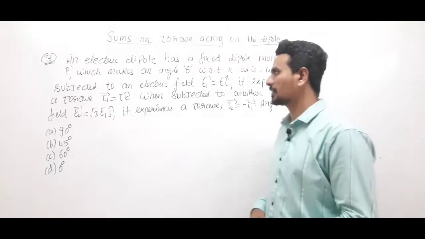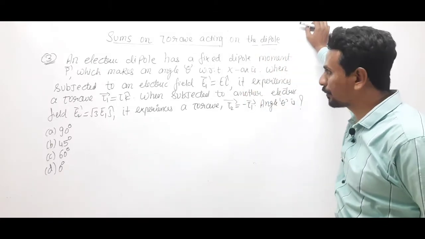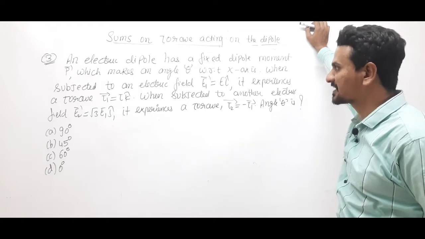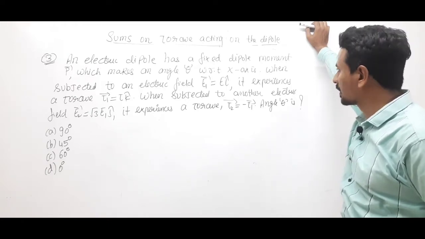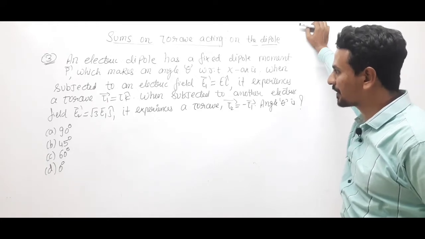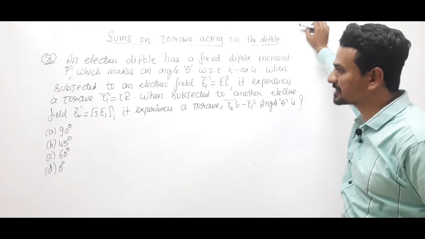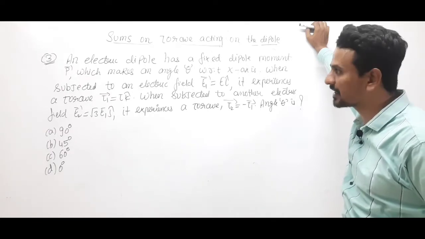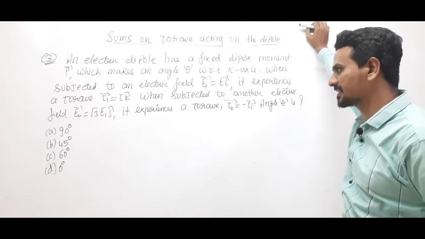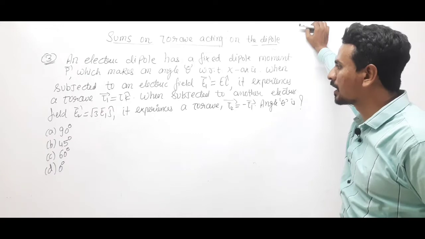Okay, the next one. An electric dipole has a fixed dipole moment P, which makes an angle theta with respect to the x-axis. Now, when subjected to an electric field E1 equals E î, it experiences a torque τ1 equals τ k̂. That means a dipole will experience a torque along the z direction when you are applying an electric field along x.